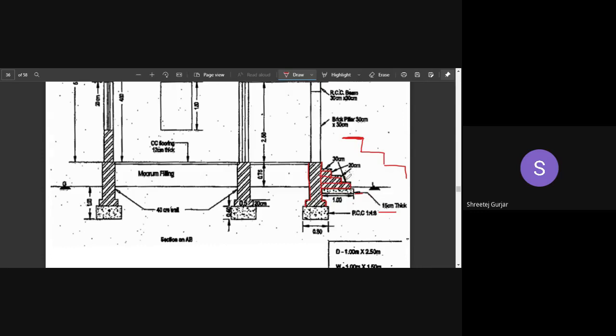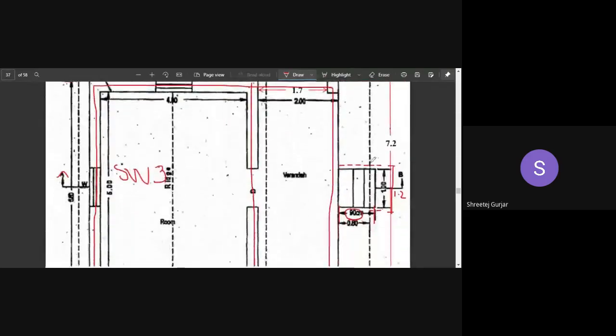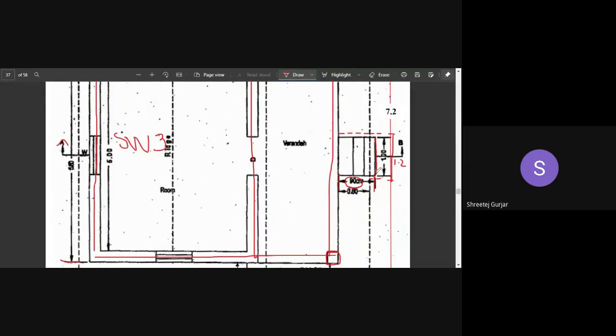Your first step will be this quantity I have shown you. The length of the first step is 0.3 plus 0.3 plus 0.3, which is 0.9, and the thickness, this rise, is 0.2. The height is 0.2. And the width is 1 meter, you can see it is given over here.